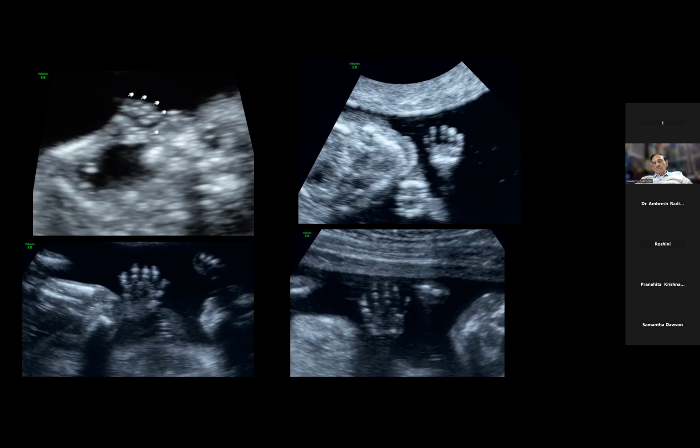And then when we look at the hands, we'll see syndactyly of all four fingers, the classic mitten hand. Similarly, in acrocallosal syndrome, where there is agenesis of the corpus callosum, we'll have to look at the toes as well.